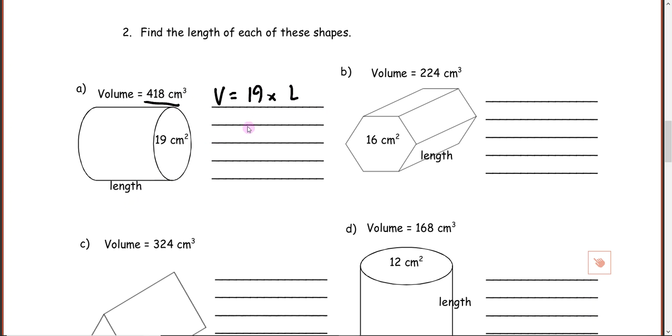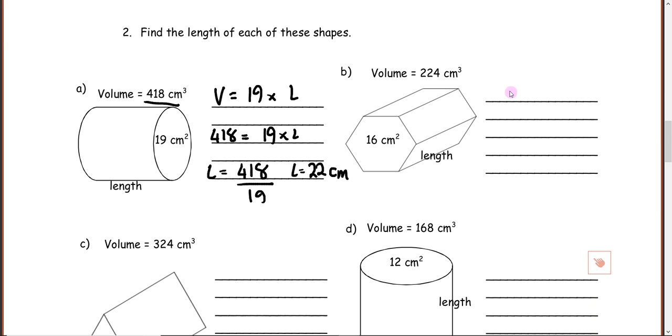But I know the volume is 418, so I've got 418 equals 19 times L. So L is just 418 divided by 19. So that is 22. Units. What are the correct units? Centimetres. It's just centimetres.